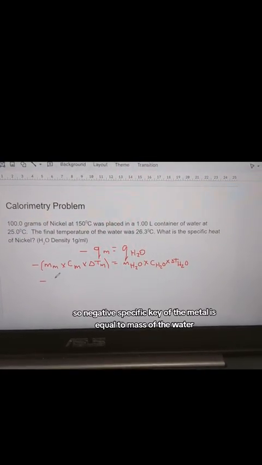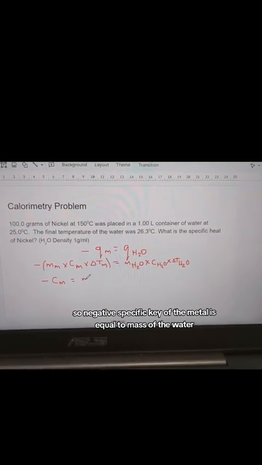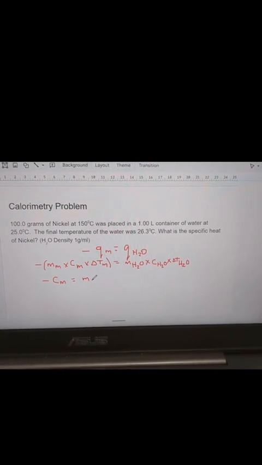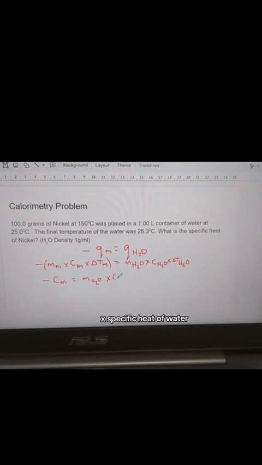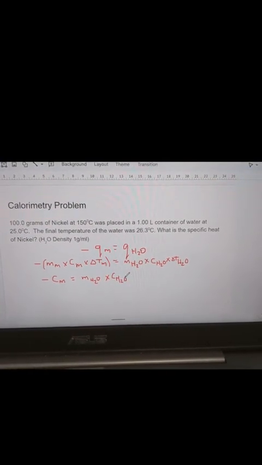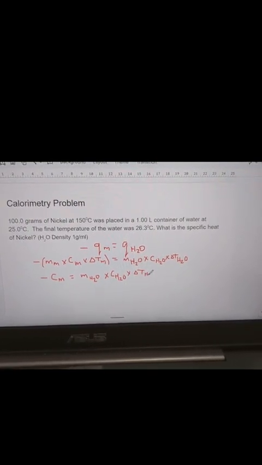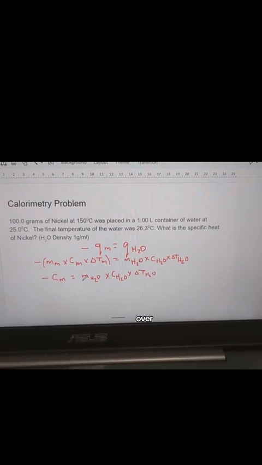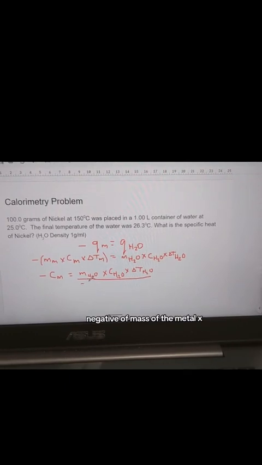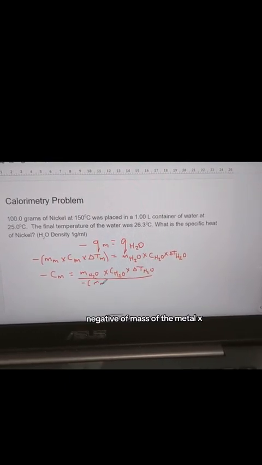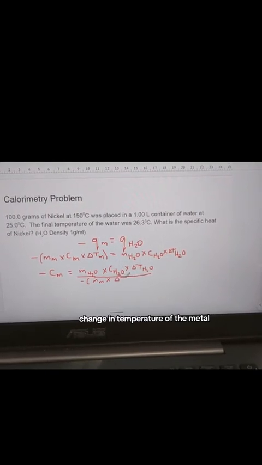So negative specific heat of the metal is equal to mass of the water times specific heat of water times change in temperature of the water over negative of mass of the metal times change in temperature of the metal.